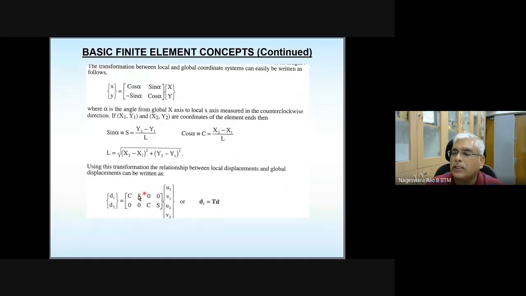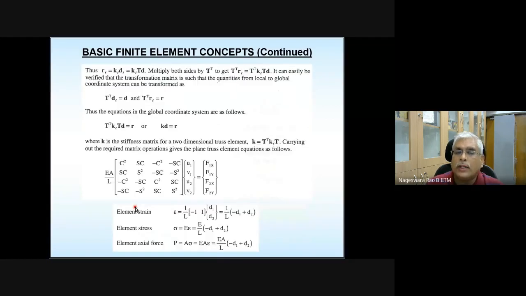T is 2 rows, 4 columns. T transpose is going to be 4 rows, 2 columns. So T transpose is 4 by 2, KL is 2 by 2, T is 2 by 4.